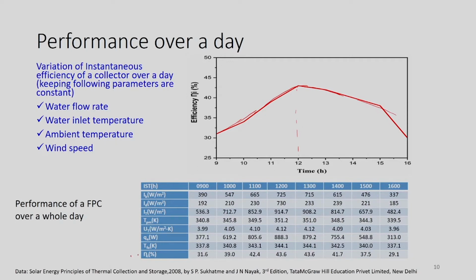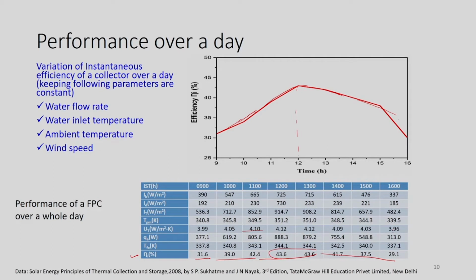Here also you can see how these efficiencies are first increasing with time, reach a maximum value here and then decrease, right. Also you can see other values. This Ut is also decreasing, right.